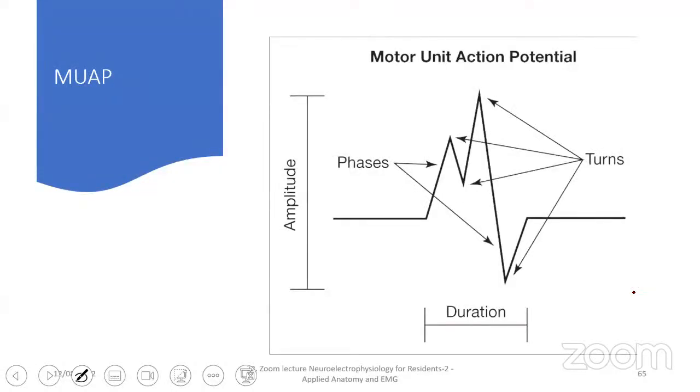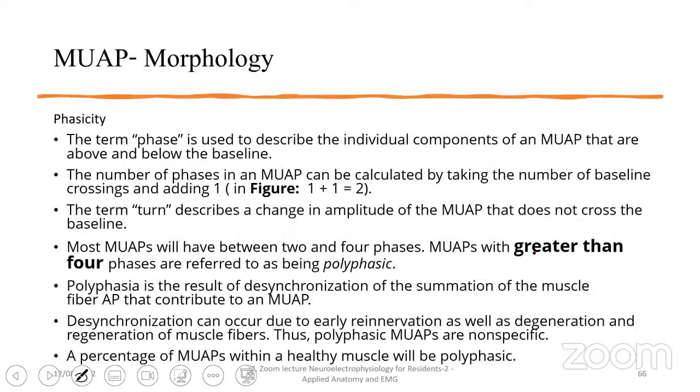So this is the amplitude, which you measure from here to here. These are the phases, which have to cross the baseline. This is the duration, from here to here. These are turns, which you are seeing, 1, 2, 3, and 4. Normally it is triphasic.